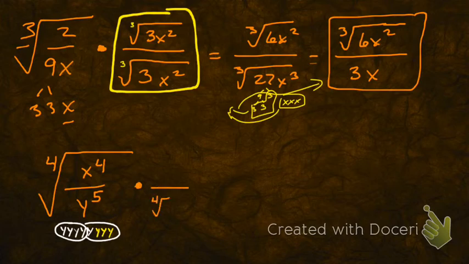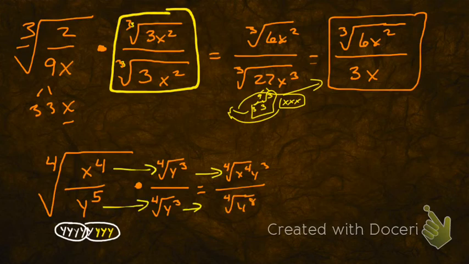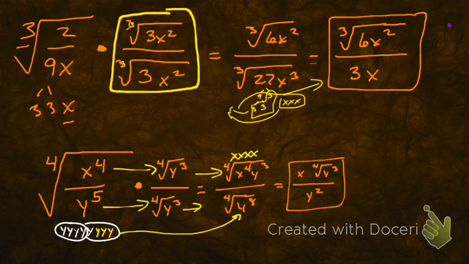So you're going to have to multiply the top and the bottom by y to the 3rd. That should have been your decision. On the top, we get 4th root of x to the 4th y cubed. Bottom, 4th root of y to the 8th. The top can simplify because you have enough x's for a group. So it becomes x times the 4th root of y cubed over y squared.